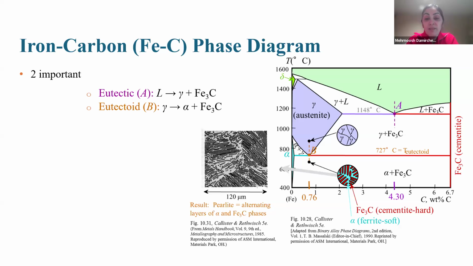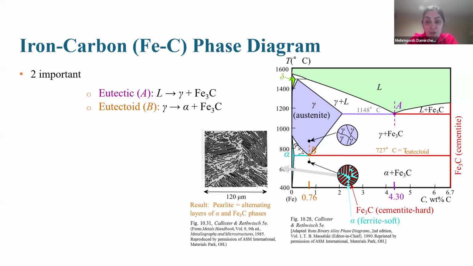So we have other phases such as bainite, martensite, tempered martensite that you don't see here, but we have in the TTT diagram.